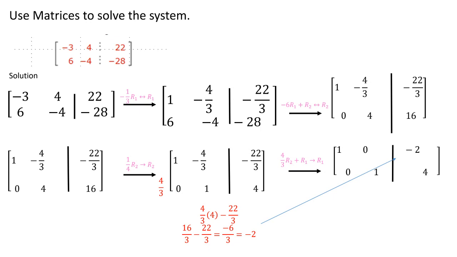And then our answer was x is -2 and y is equal to 4. Okay, so I'm going to stop sharing this right now, and then I'm going to share my screen so that you can see where you can check your work.